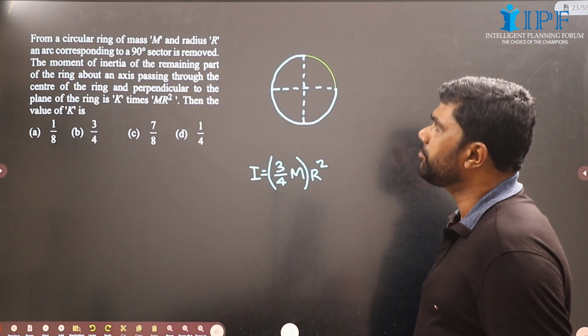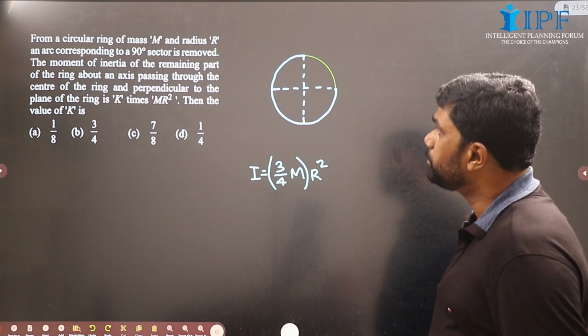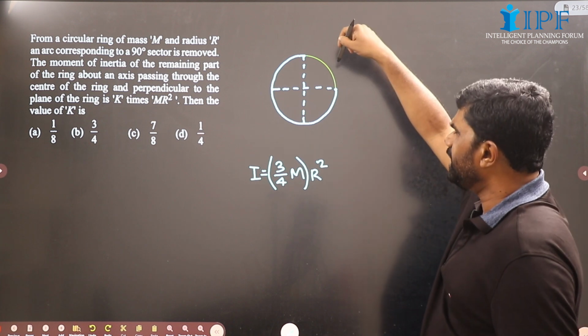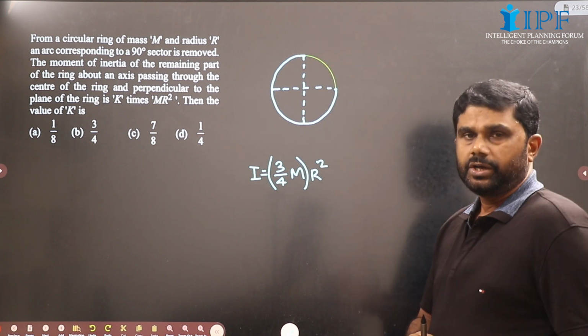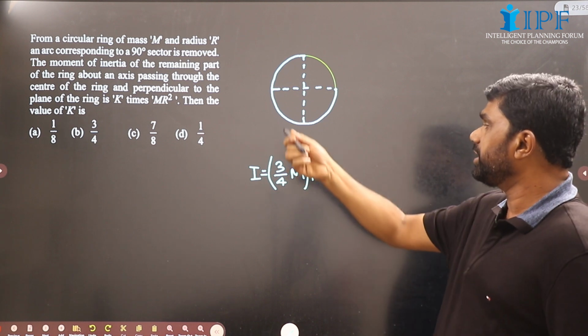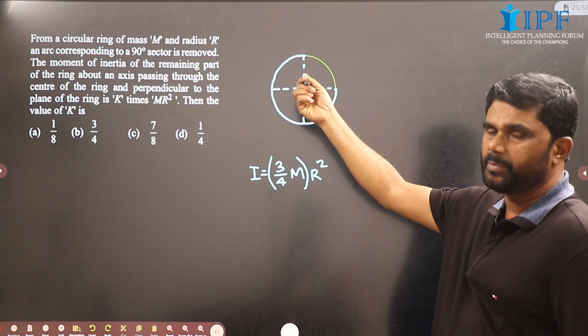From a circular ring of mass capital M and radius capital R, an arc corresponding to 90-degree sector is removed. See, if we consider this ring into 4 identical parts, the moment of inertia about this axis is mr square.